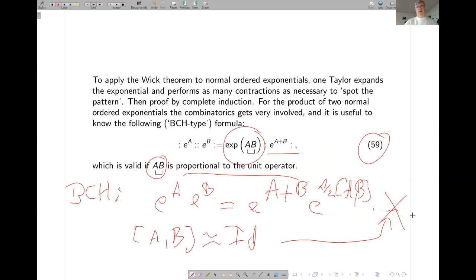And commutators in quantum mechanics, like position X commutated with momentum P, are proportional to the unit operator. So for this kind of operators, you can work with the leading part of the BCH formula. Now, there's a whole industry on how you derive such relations to higher orders, but for us, this is just a tool which is stated and which we use as given.